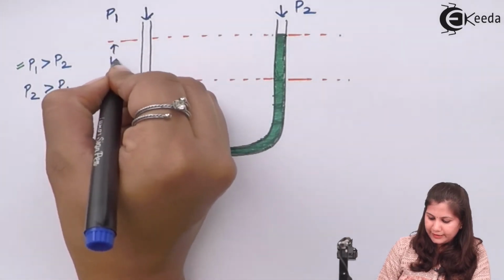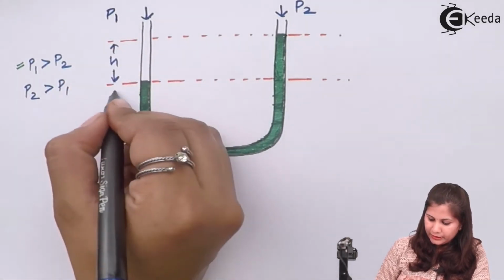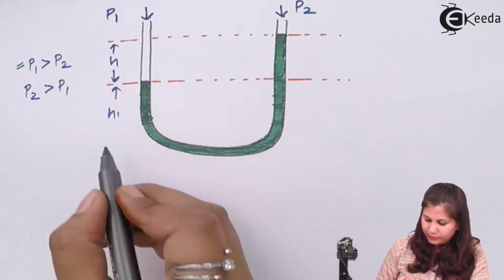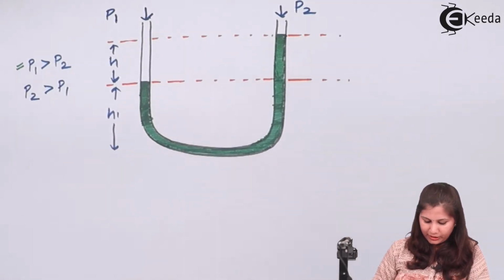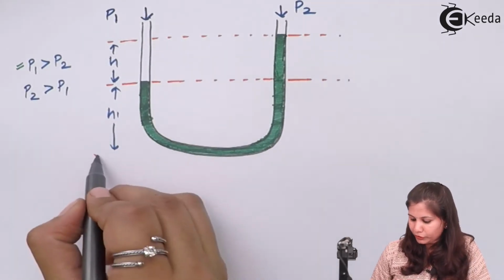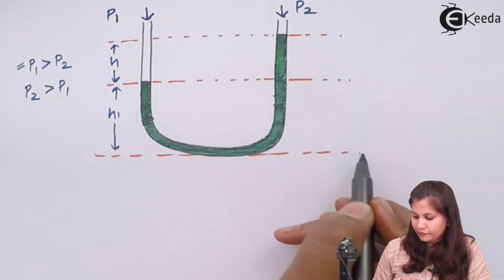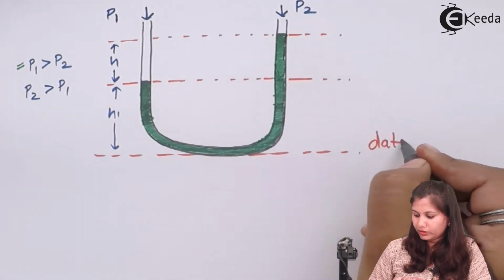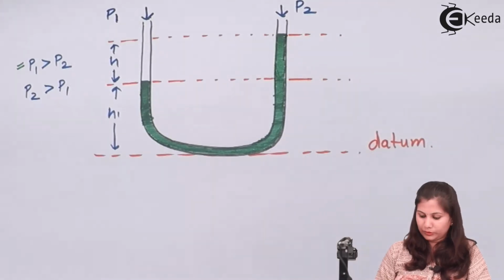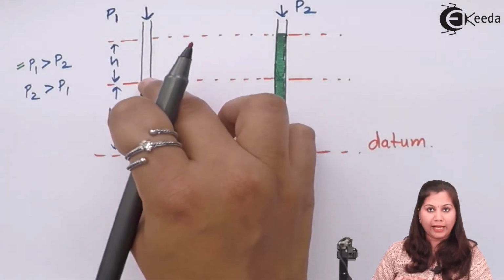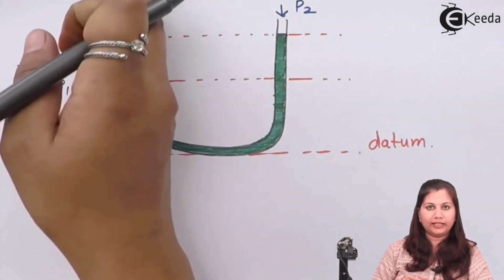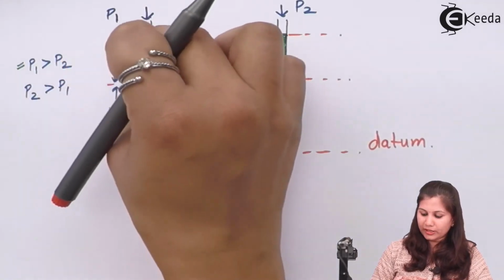Suppose this height is H, this height is H1. We are going to measure the height from the bottom of this tube, which is called the datum or the reference line.